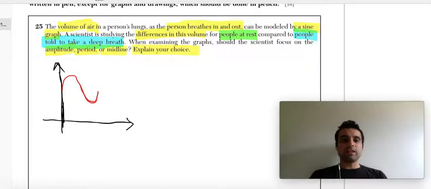Here I have what's known as the midline. It goes in cycles. That's why the volume of air can be modeled by a sine graph, because you breathe in cycles. Breathe in, breathe out, and then repeat. So that's one cycle, and then we have another cycle.